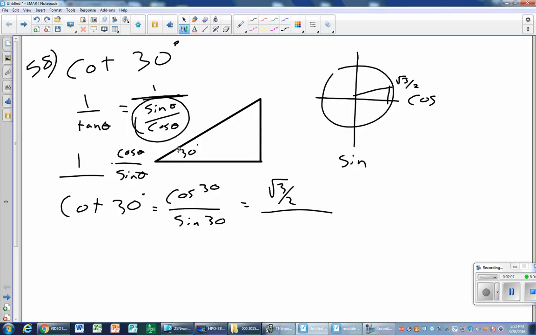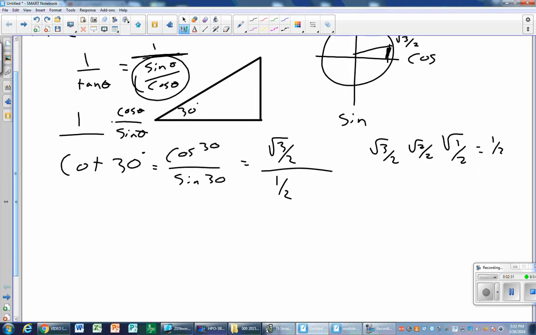Now, if you don't remember the order, it's square root of 3 over 2, square root of 2 over 2, square root of 1 over 2, which is just 1/2. So the sine is the y value, and that's the shortest y value, so that's 1/2.